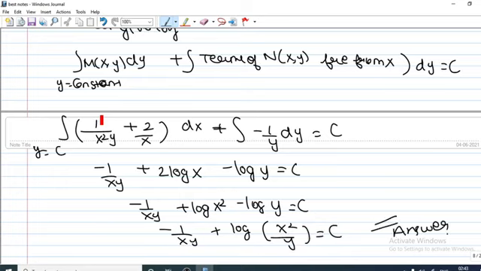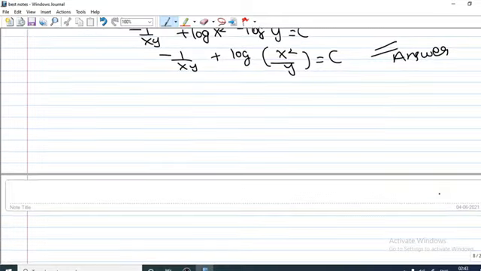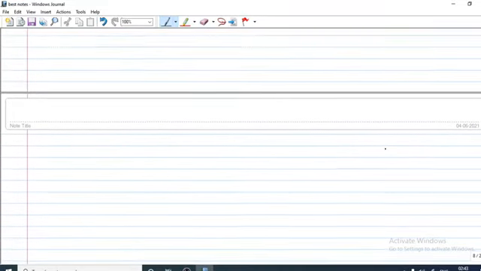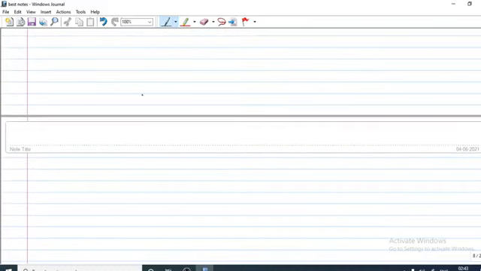Now let's take the last question on the type 3. After this we will just end the type 3. So let's begin with the last question.